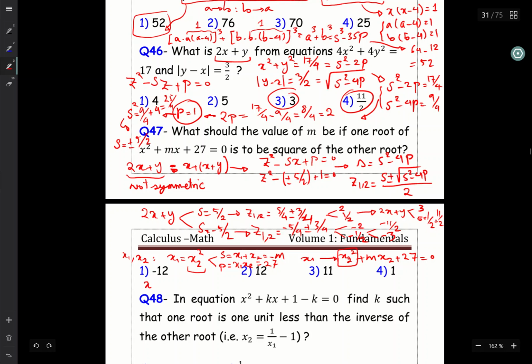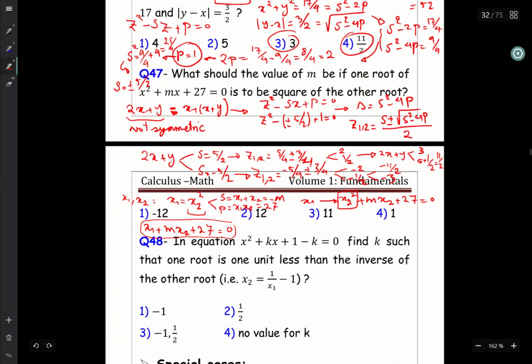So x1 plus mx2 plus 27 should be equal to 0, right? That's very interesting. And therefore, what we end up with is the fact that this relation should also hold.